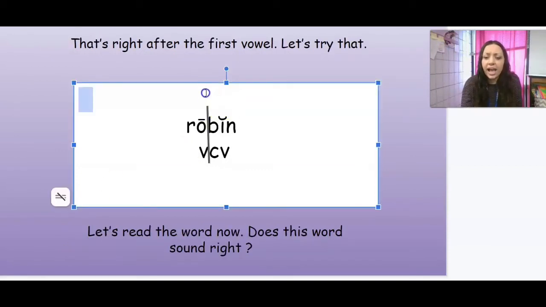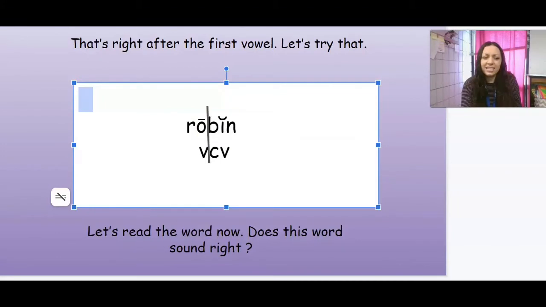So if I divided it after the first vowel, that O would be in front of our division, so it would be open, so it would be long. And then my I would be short because it's in front of an N, so I have R-O, robin, robin. Robin, does that word sound right?